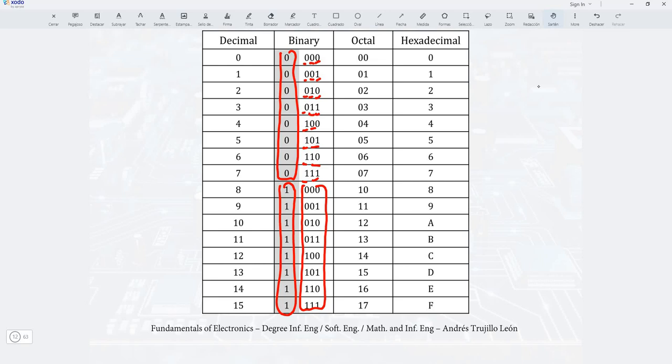In the octal numeral system, when we reach the maximum, we repeat the same sequence, okay? But adding zeros to the previous part and 1s to the second part. And this works for any base that doesn't have enough elements to reach all the words of the system.